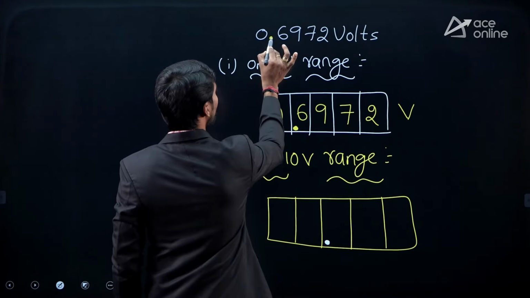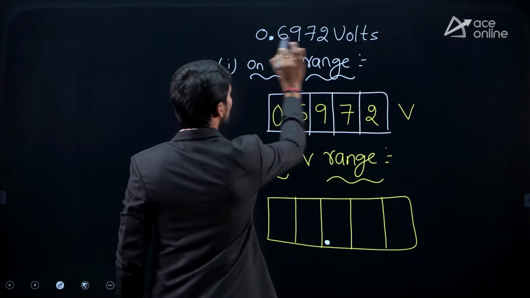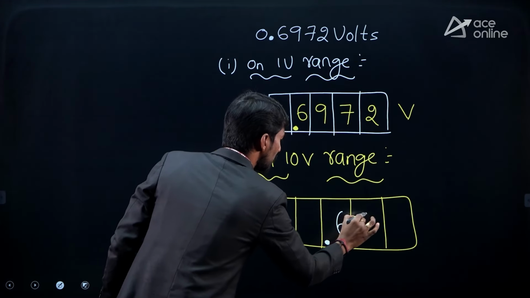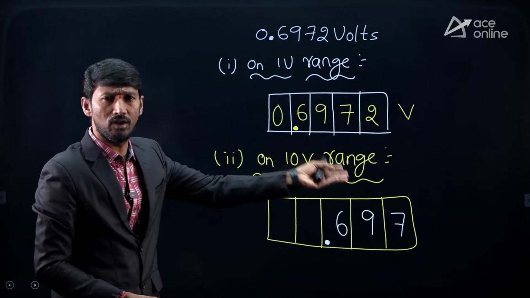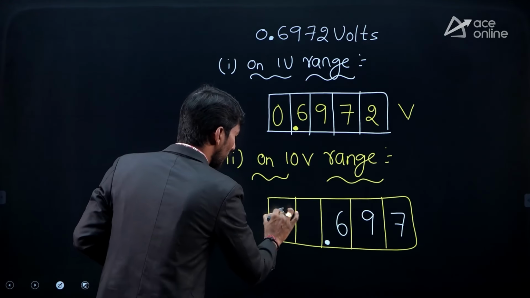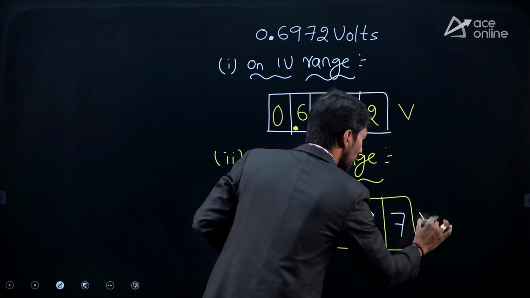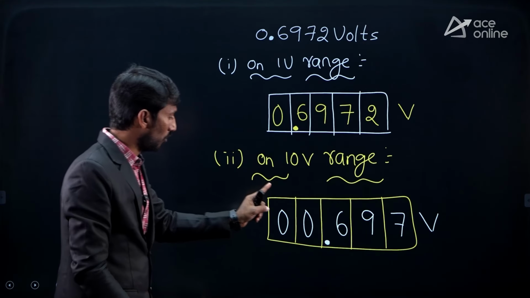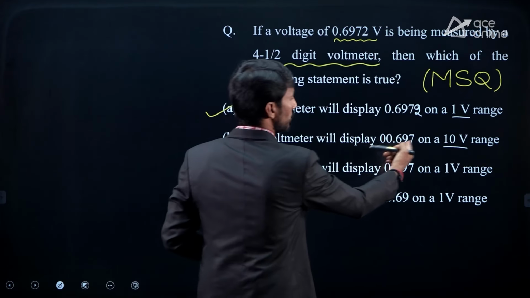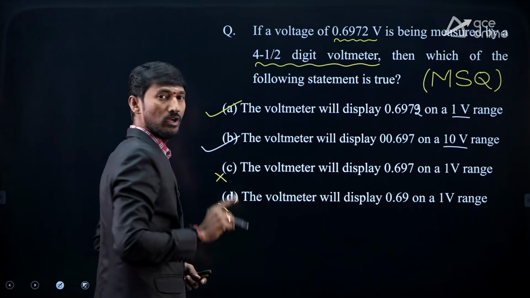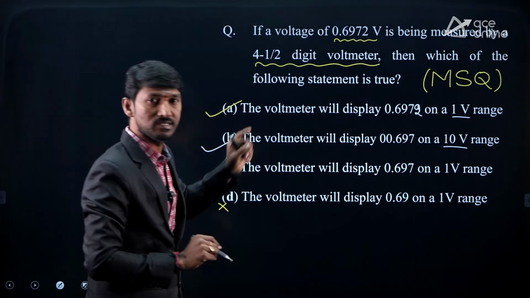Simple technique I am giving: from the decimal point start writing 697. That 2 will not be displayed, no issue. So 0.697. So which is correct? Yes, 0.697.